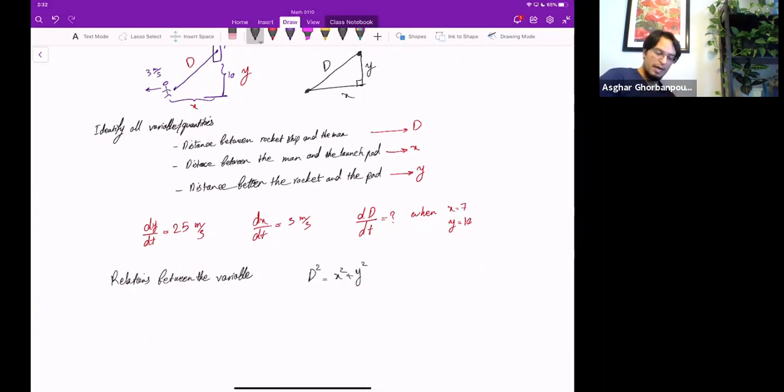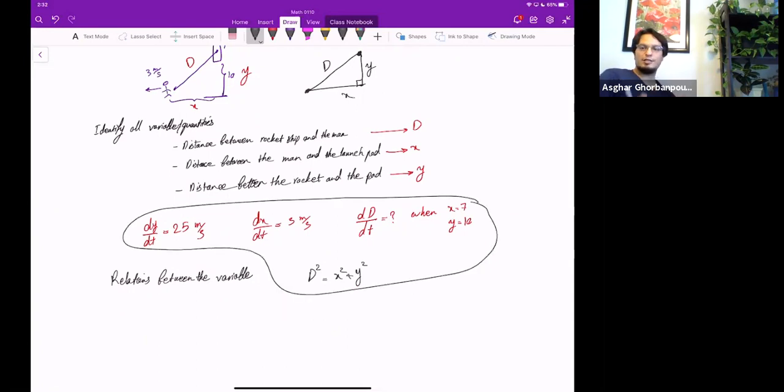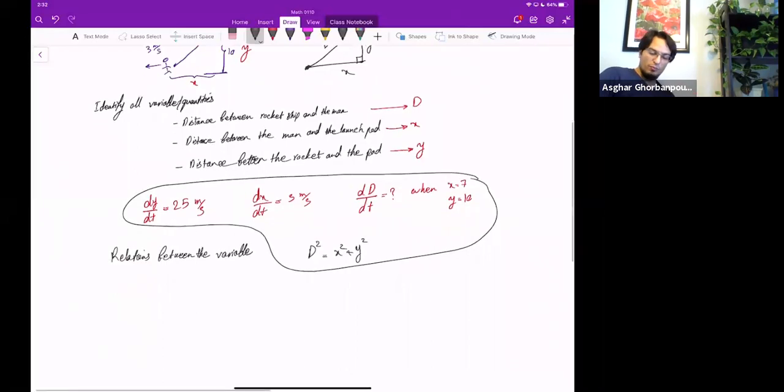Okay, now this is what we have. The modeling is done. We now have a very mathematical question, and we have to solve that. We want to find how the rates are related. To do that, we differentiate both sides of the equation with respect to t.